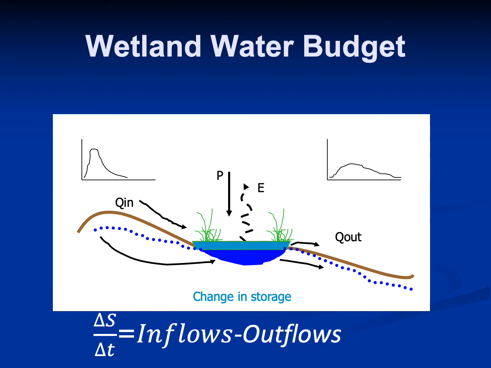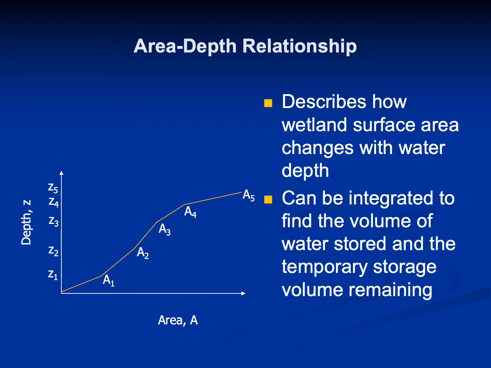Overall, the change in storage in the wetland environment versus time is equal to the difference between the inflows and the outflows. In order to quantify the influence of storage, we need to quantify the amount of storage in the wetland. For specific sites, we can do this using the area depth relationship.